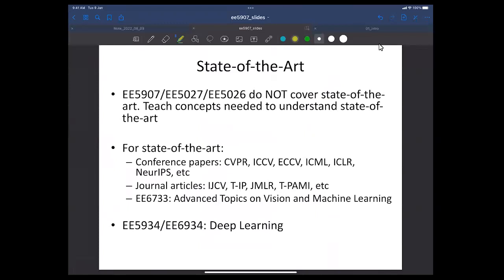For more state-of-the-art techniques, you have to look at the conference papers. We will not cover that much on deep learning. Later in the second part, the deep learning will also be at an introductory level. Just keep in mind that we just want to have the basic concepts in this course.